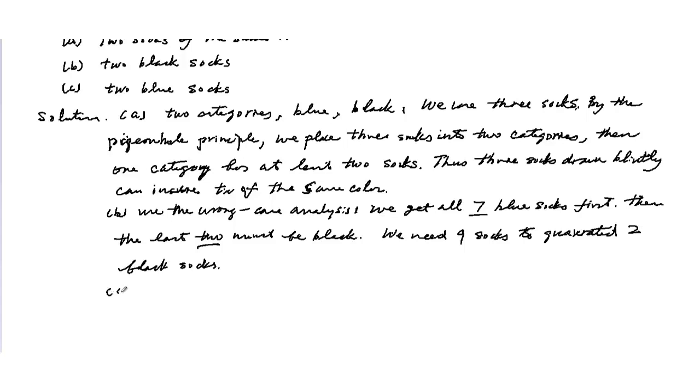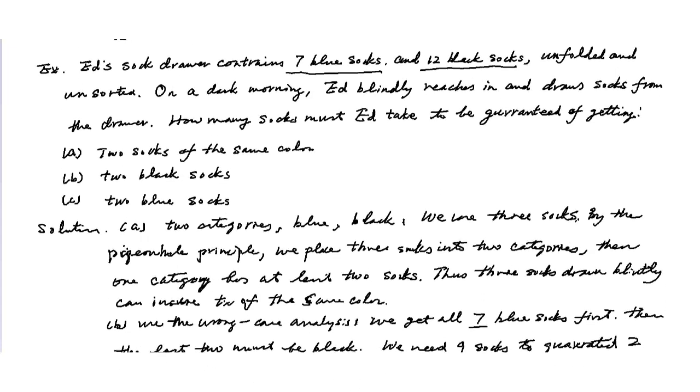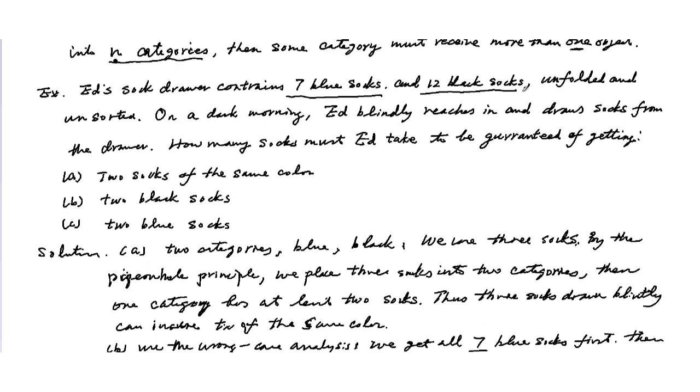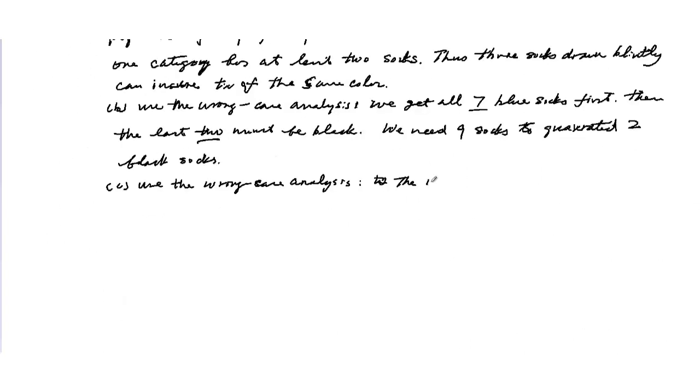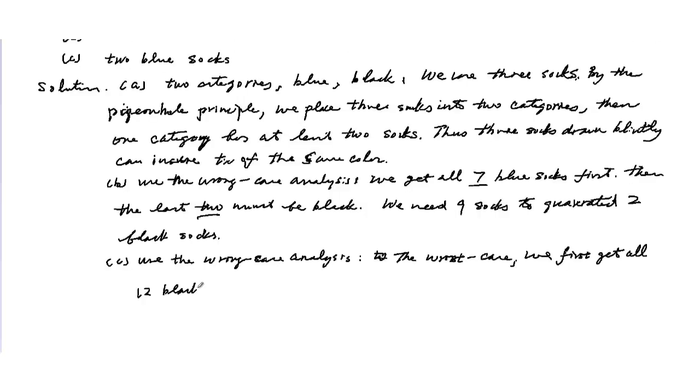For question C, similarly, we still use the worst case analysis. This time, to get 2 blue socks, the worst case is we first get all 12 black socks.